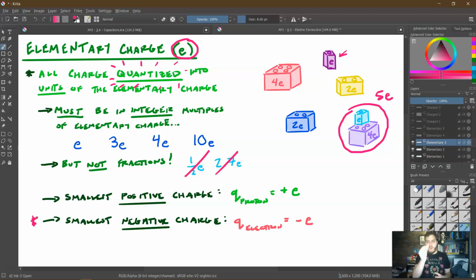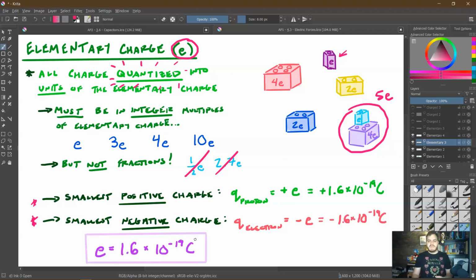We must always have whole pieces of electron. So the charge of an electron is actually equal to minus e, the elementary charge. Now similarly, the smallest positive charge that we can have, specifically the smallest isolated positive charge, is the charge of a proton, which is plus e, the elementary charge. We're never going to have anything broken down into pieces smaller than that.